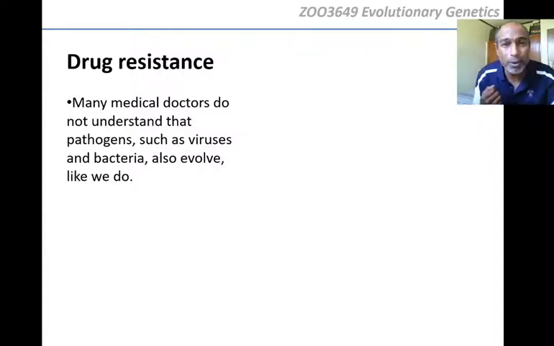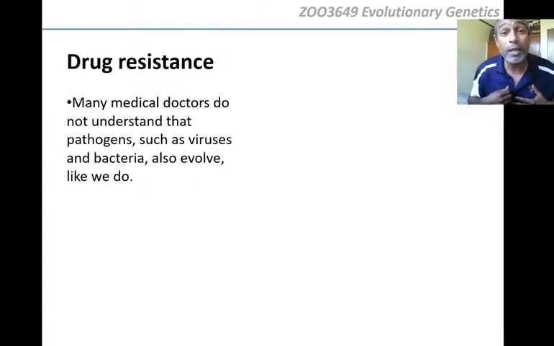So if they are evolving, we need to know, how are they evolving? What is their mutation rate? What environment can we give them where their fitness goes lower and allows us to survive? Remember, if the fitness of the virus goes down, our fitness goes up.